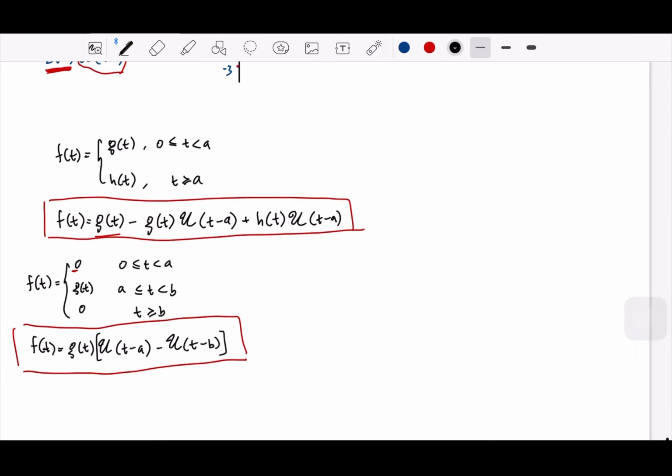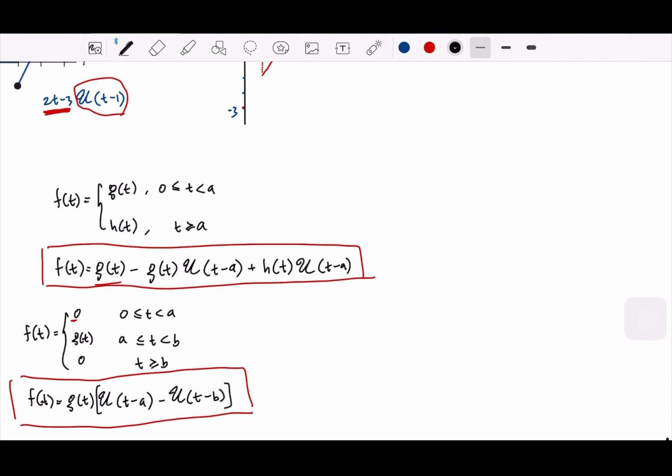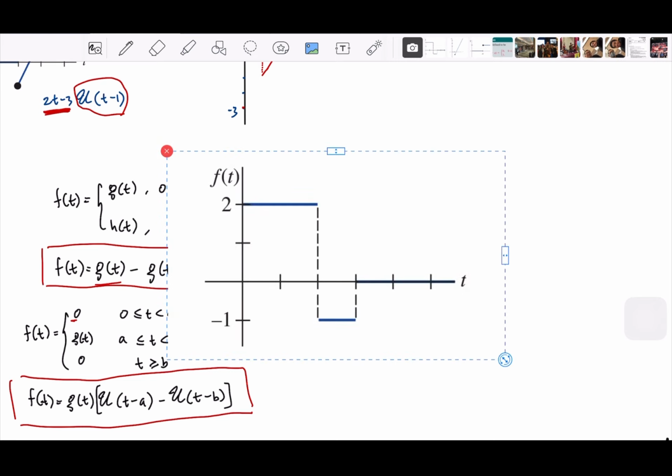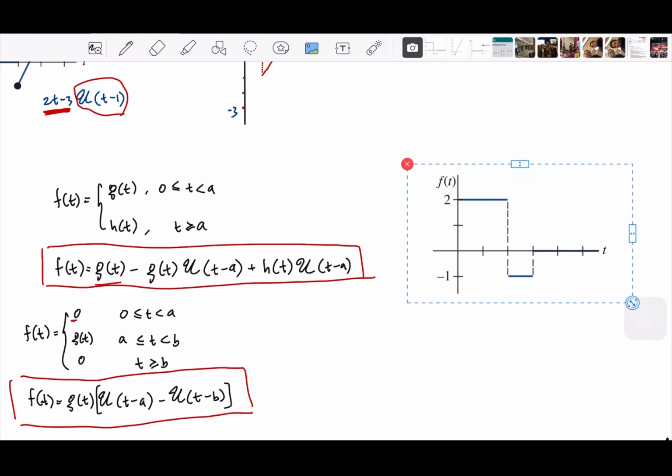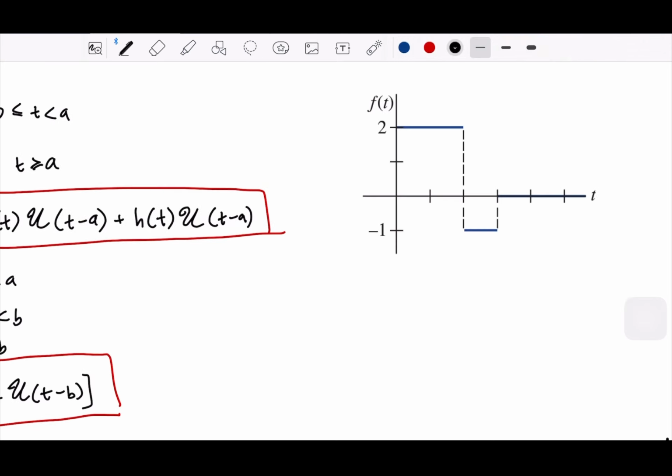Now for this part here, the example for the picture, what we can have is this one. f of t is equal to, you can see 2 is the maximum value, minus 3 times the unit step function t minus 2.